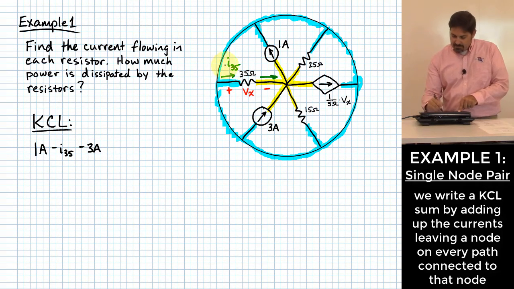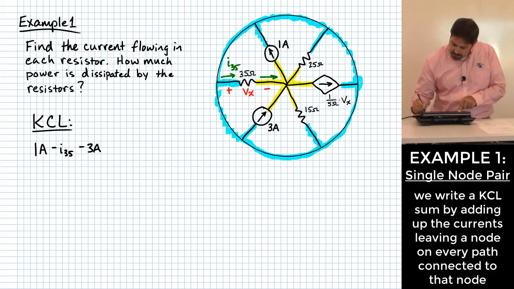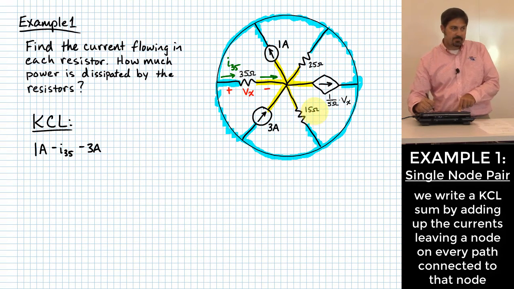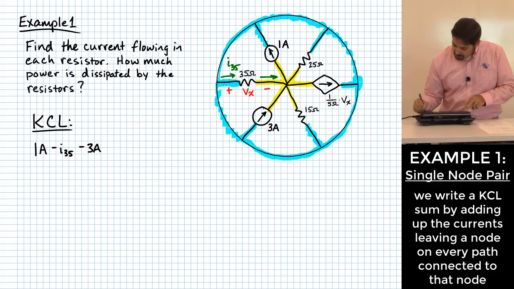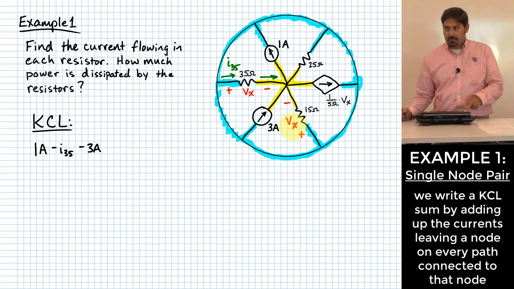Now, I did that little thing with I-35 over there for the 35 ohm resistor. Can I do something similar for the 15 ohm resistor? I could. As a matter of fact, I can even do better than that. Because we have a common voltage across all these elements, I can say that for the 15 ohm resistor, this had better also be Vx.